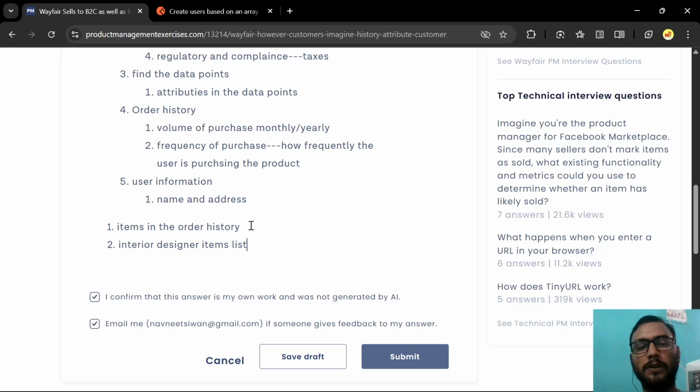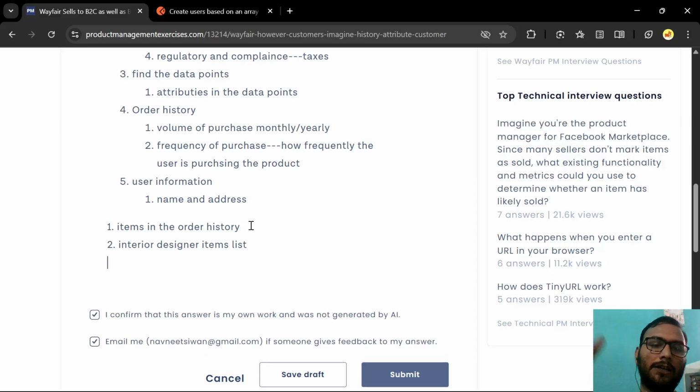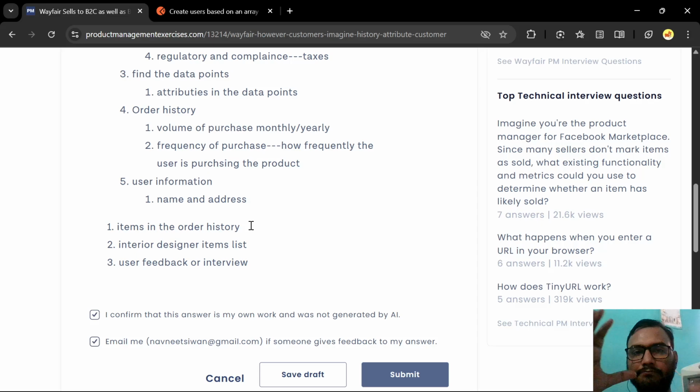They could be multiple things. Now, whether the customer is an interior designer itself, we can directly have user feedback or an interview, if we want to finalize or confirm, depending on how critical this information is for us, whether this particular user is an interior designer or not.